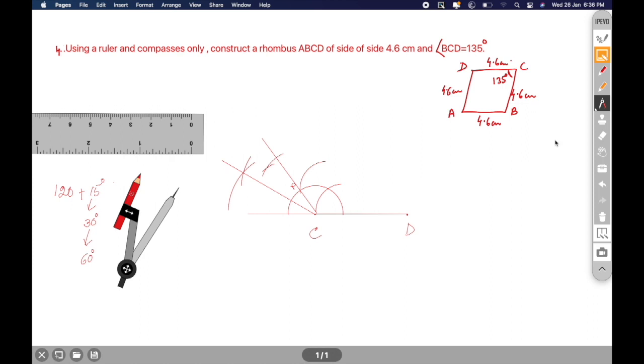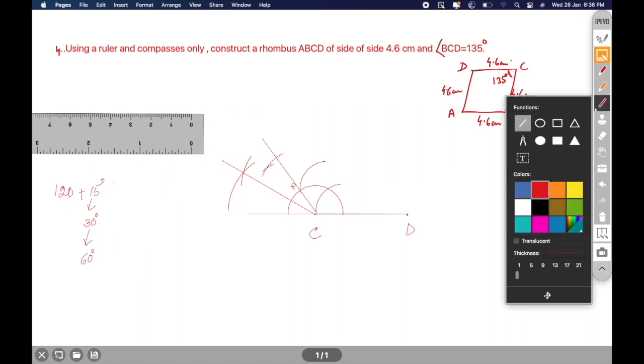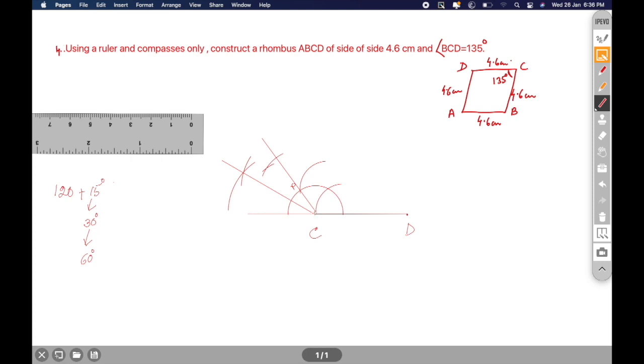Now if we join the point of intersection with C, we can see that we have obtained 15 degree here. So from here till here, it is 135 degree construction over.